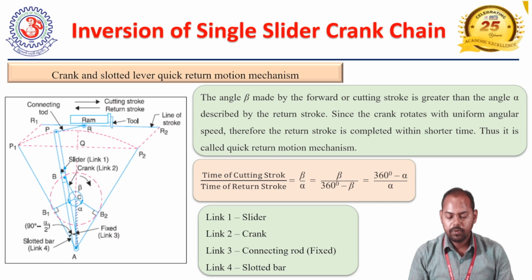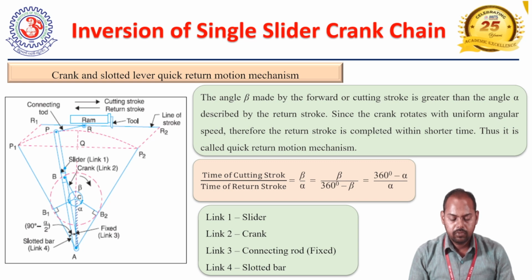So what type of the motions and what type of the output we can get from this single slider crank and slotted lever quick return motion mechanism? In this, the slider is moving inside the slotted bar, and this slotted bar is oscillating between the points B1 P1 to B2 P2 due to the full rotation of the crank.